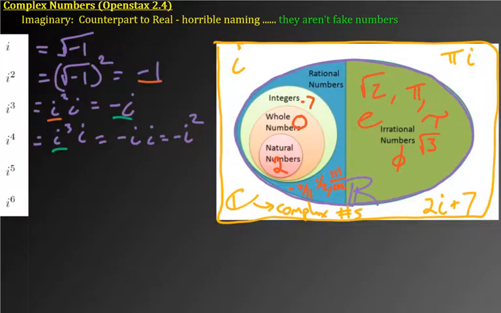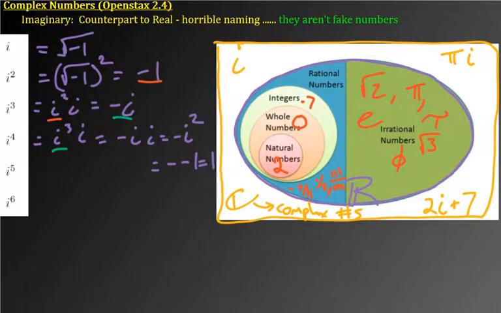So we can simplify that even more, and we can say that's really the negative of -1, or just 1. So if we ever run into i to the fourth, that's actually really nice, because i to the fourth is back to a real number, like one of the ones that you're used to. It's just 1.